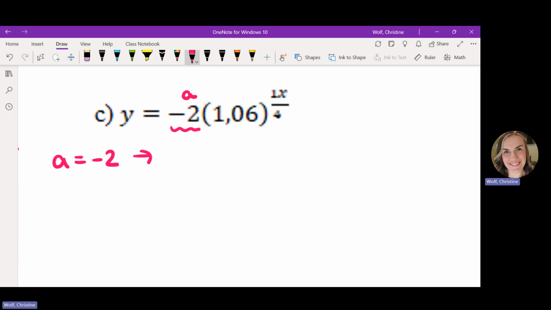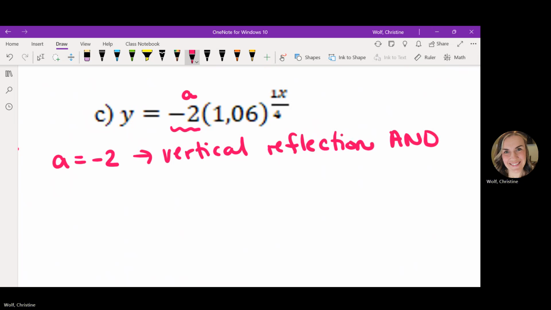The first thing, the negative, means I have a vertical reflection. And the 2 means I have a vertical stretch by a factor of 2.